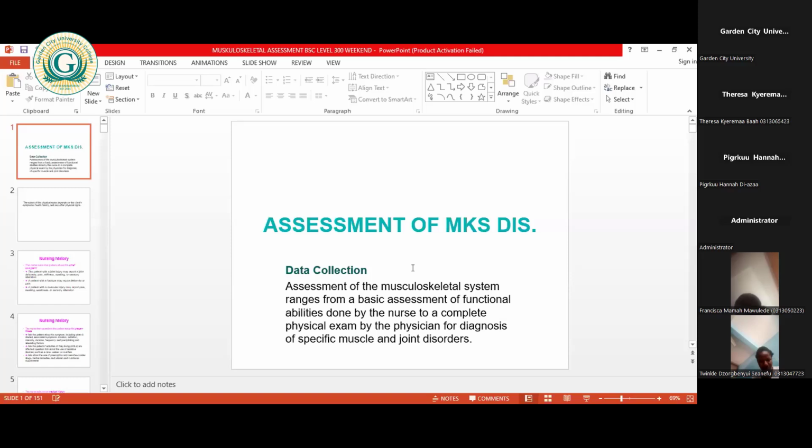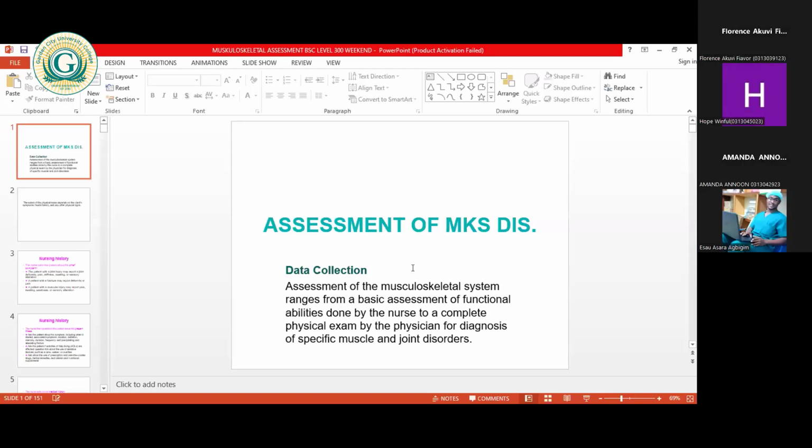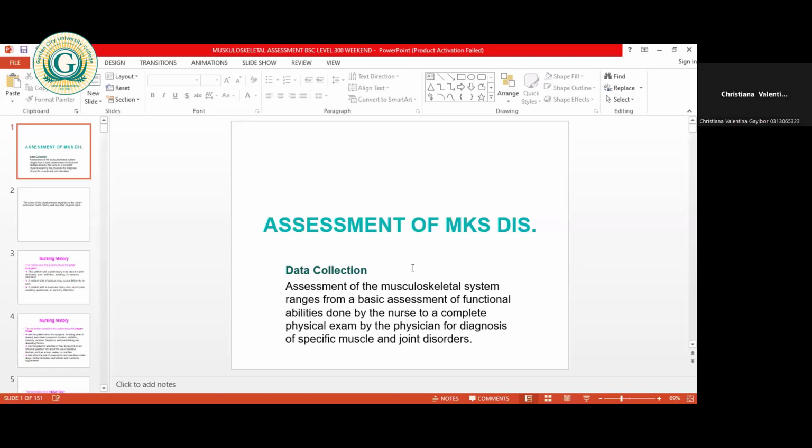After the nurse has finished, then the medical officer will take over and do a complete physical examination. Based on that, we can arrive at a tentative diagnosis. So we have to do this before we diagnose the patient of any disorder.